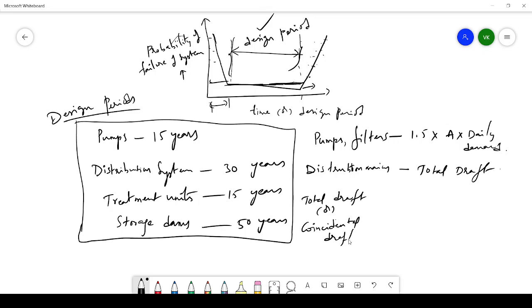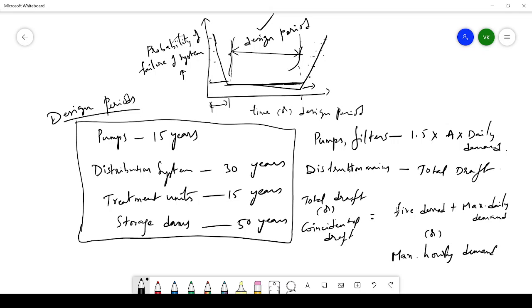Total draft or coincidental draft is equal to fire demand plus maximum daily demand, or maximum hourly demand.